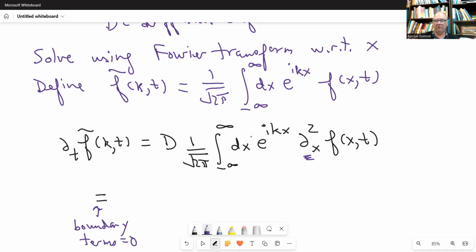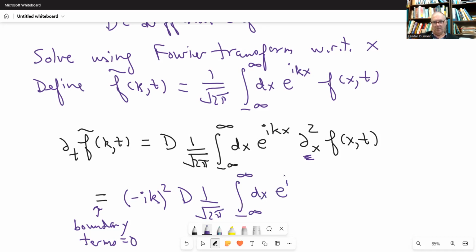So we have a minus sign from the first integration by parts, and another minus sign for the second one. Altogether we get minus i k, squared, times D times 1 over the root of 2 pi. So I've taken the derivative with respect to x twice and pulled out the constant factors. And this just gets us back to the Fourier transform of f itself.